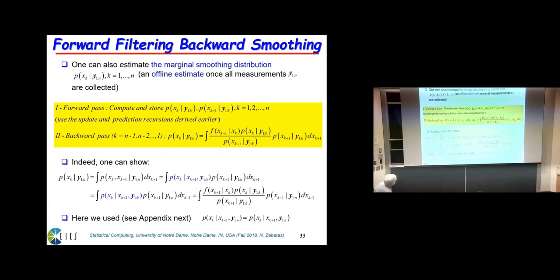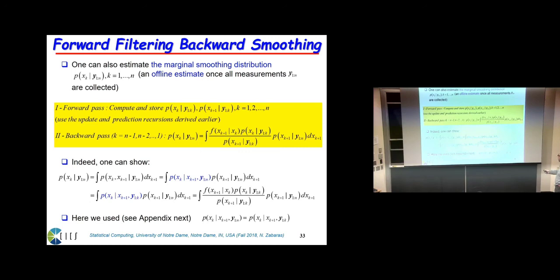So the forward recursions and the backward recursions you can do analytically. The idea here is to use Monte Carlo approximations, in particular sequential Monte Carlo, which I will be discussing when we finish with this, to do this type of calculations.